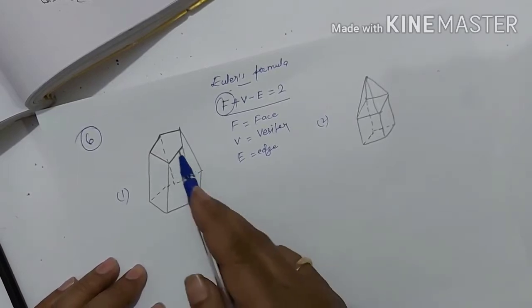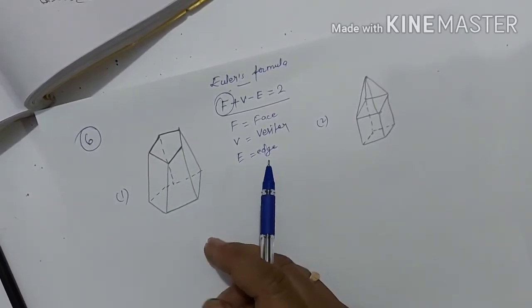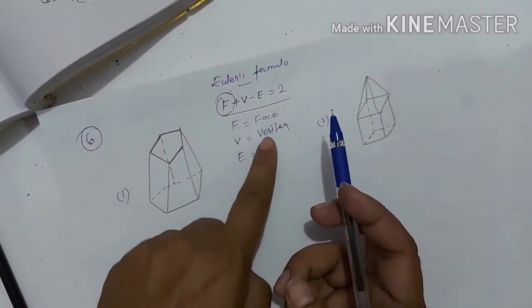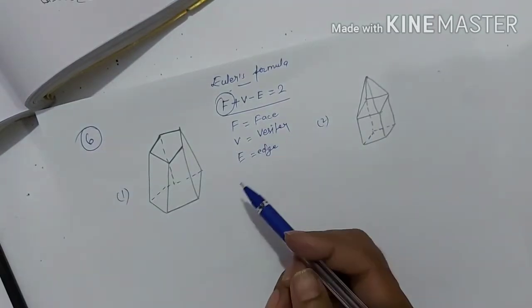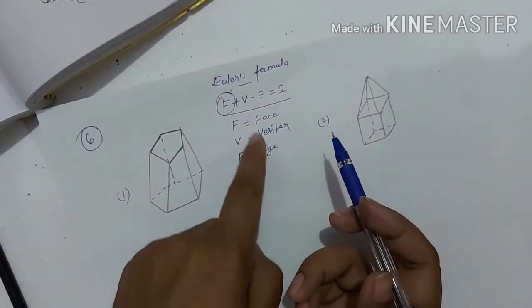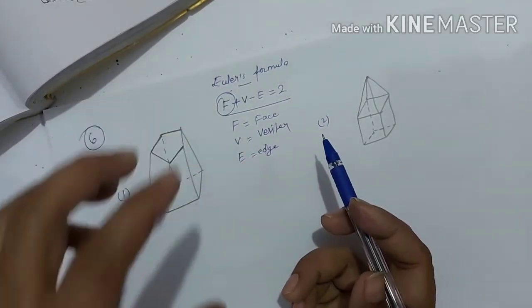If any solid shape has faces, vertices and edges given, okay. If it does not have faces, vertices and edges, it means this is not a solid.